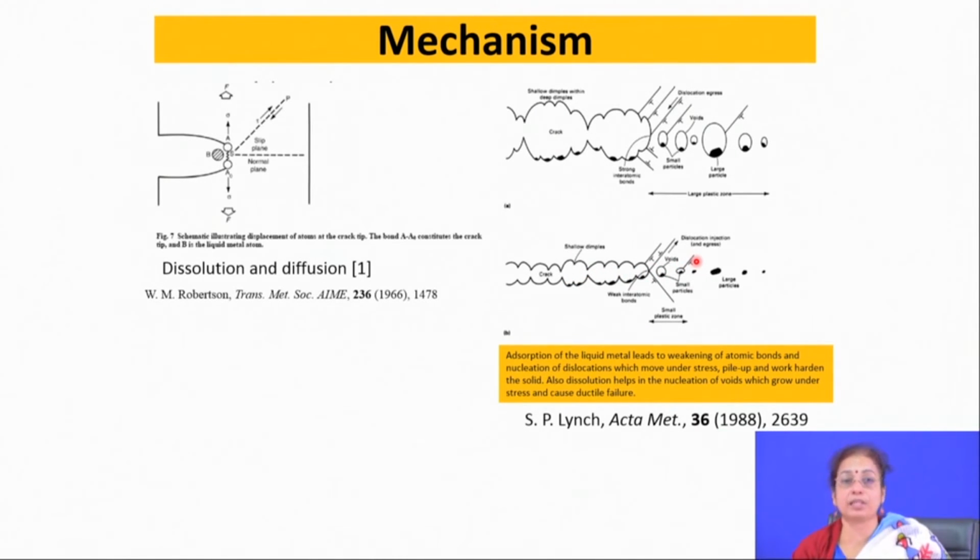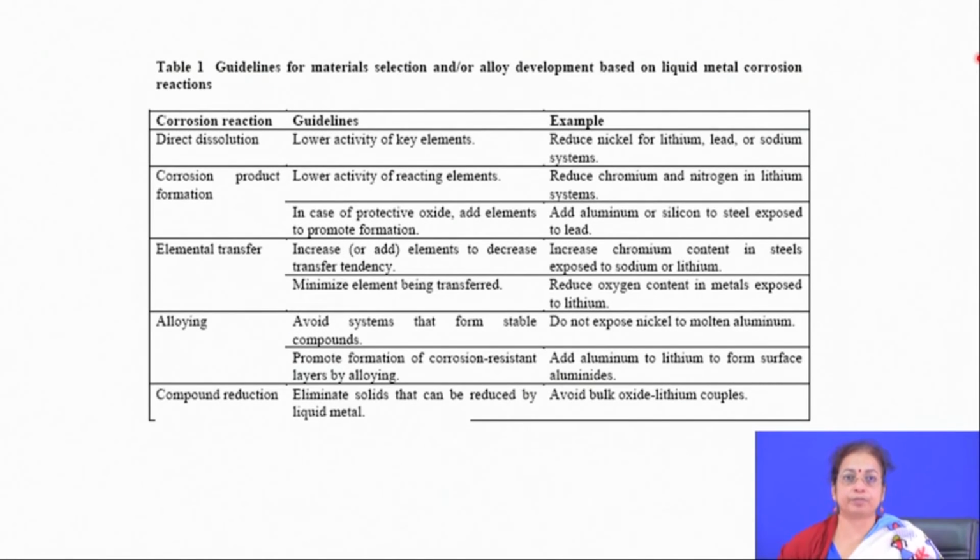So, whatever happens in a normal metal which does not undergo stress corrosion cracking or liquid metal embrittlement, if you think of the same alloy in liquid metal, the typical mechanism may remain the same, but because of the overall decrease in ductility, it gets partially embrittled, and by that process there is crack initiation and propagation.